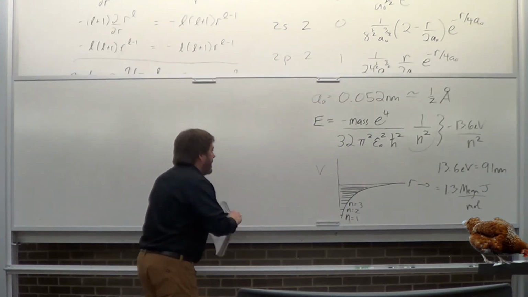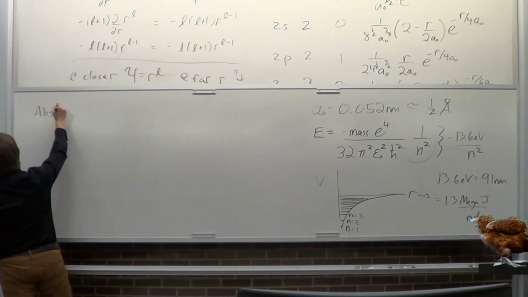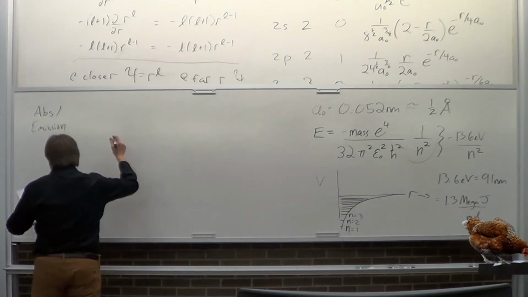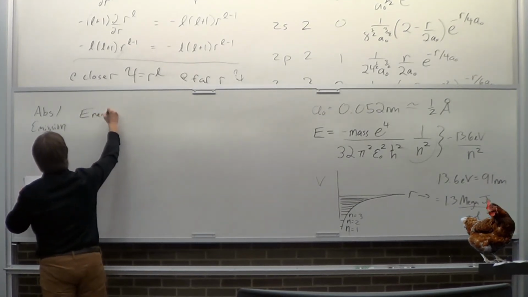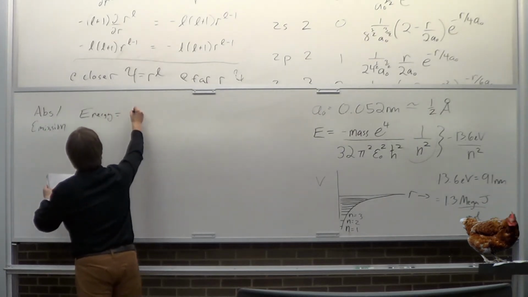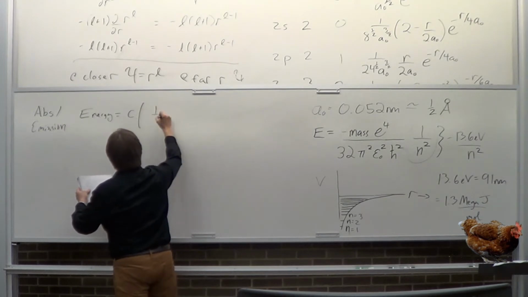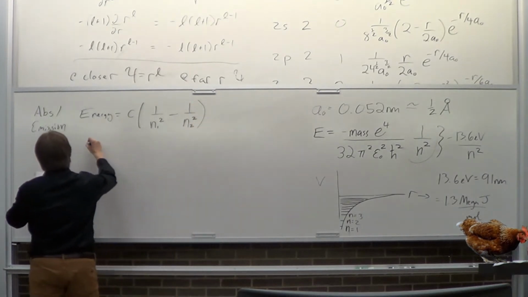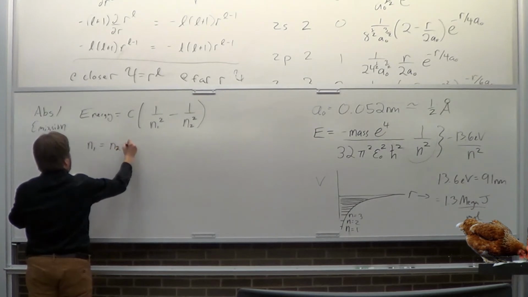One other factoid is, if you look at the absorption or emission spectrum, remember that I actually brought this up last time? The energy was a constant. You recall this? It was 3 lectures ago that there was this little formula that people figured out where N1 was N2 plus 1.